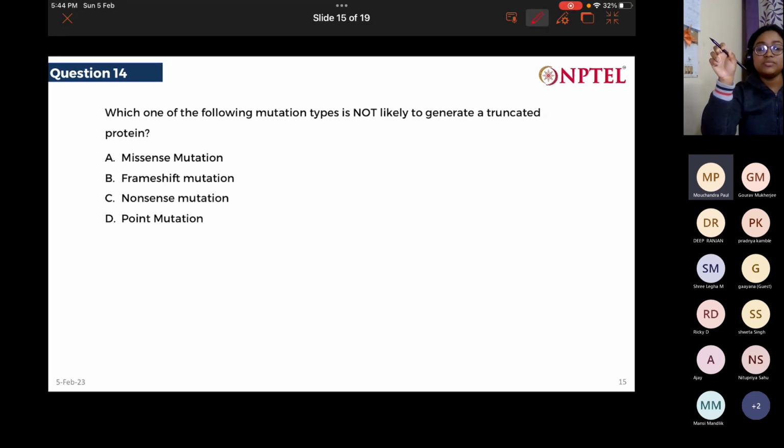So a truncated protein can result from a frame shift mutation, but from missense, it is not like that. Missense means that the resulting amino acid in the protein is different from the original one. So here the answer will be missense mutation.